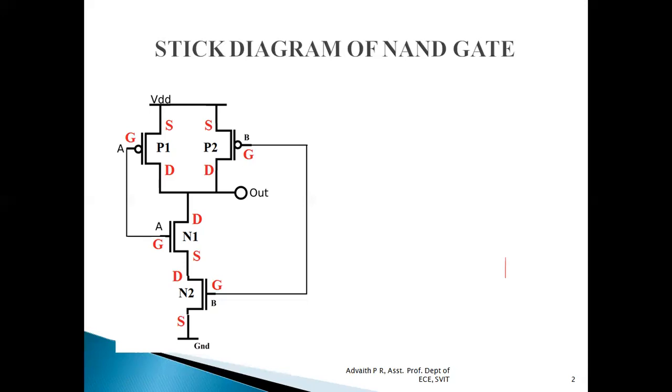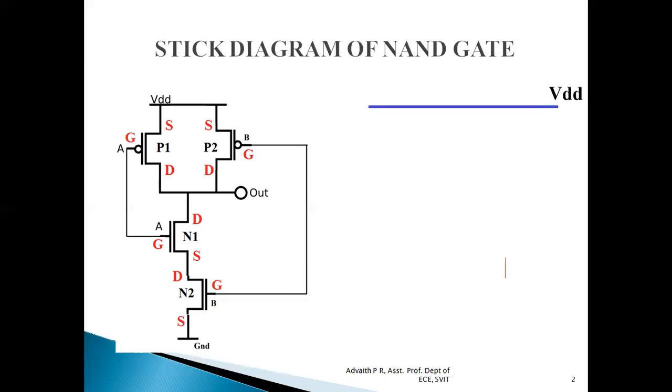Y is equal to A dot B the whole bar, which is the Boolean expression for the NAND gate. Because we are using the dot operation, PMOS transistors are connected in parallel and NMOS transistors are connected in series. So using this circuit diagram, let us implement the same circuit in stick diagram form.